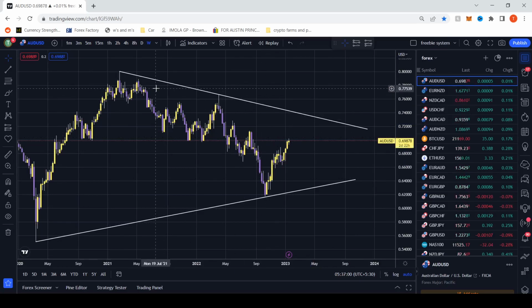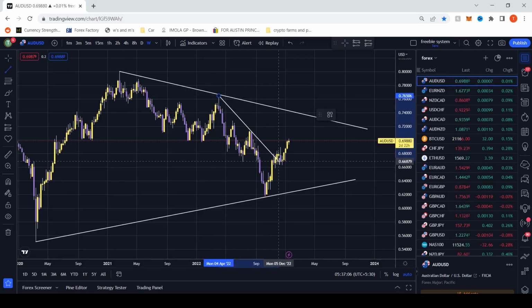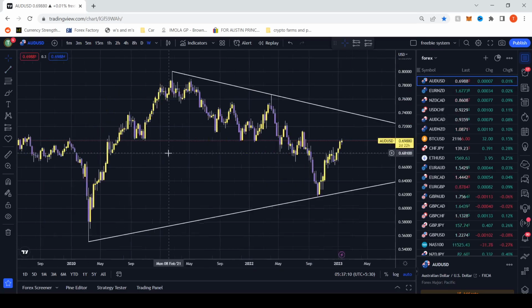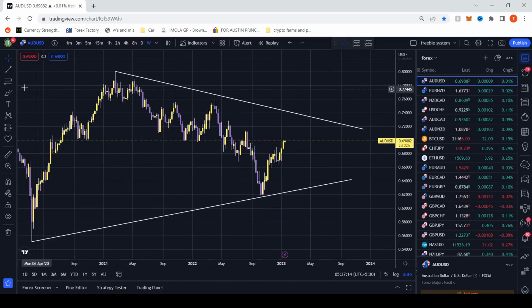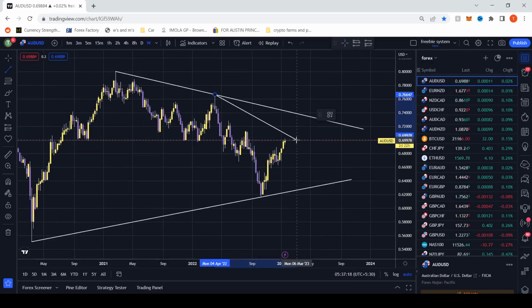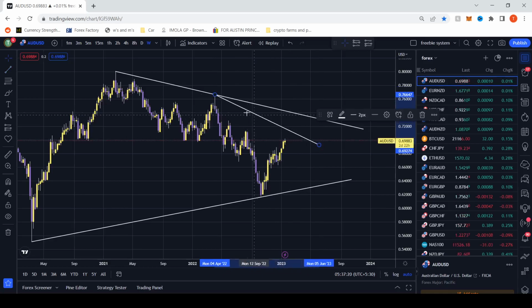You may also find instances where you can draw inner ones, which, okay, the one I just went to draw doesn't work, but you will probably find ones where you can draw one within another, and I will give an example. So for instance, if you had a few wicks, you could potentially draw one that sits within the other one, and I'm just going to quickly mark on the price action.